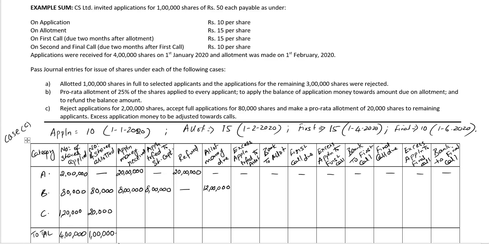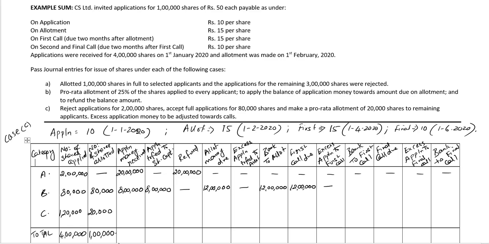There is no excess application which is transferred to allotment, and the bank to allotment will remain as 12 lakh. The first call money due in the B category is 80,000 multiplied by 15 per share, 12 lakh rupees.